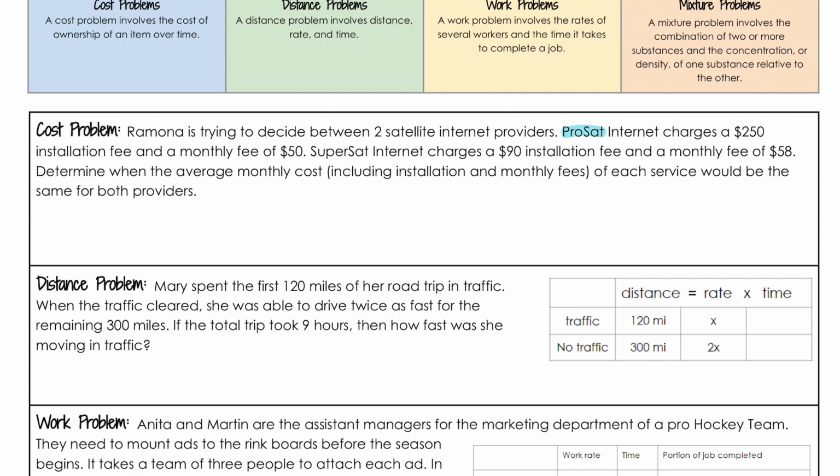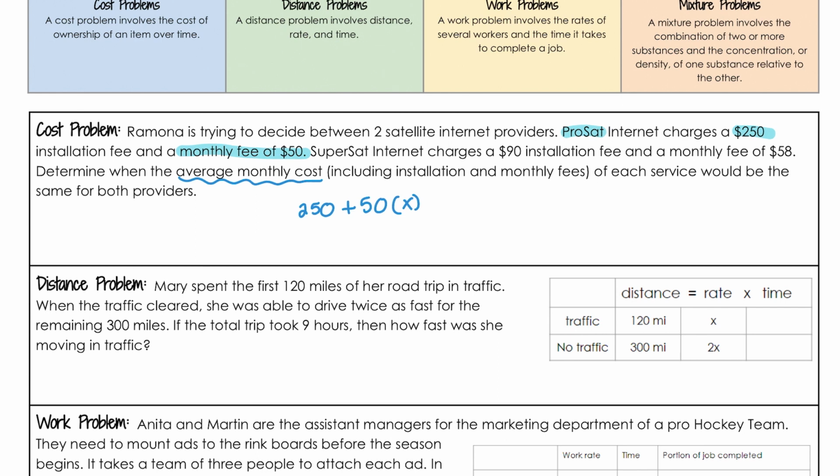ProSat has a $250 installation fee and then a monthly fee of $50. So if I was going to write an equation, we're looking at the average monthly cost for each of the providers. So the equation for the average monthly cost for ProSat would be $250, which is the installation fee, plus 50 times x, because x would represent the number of months.